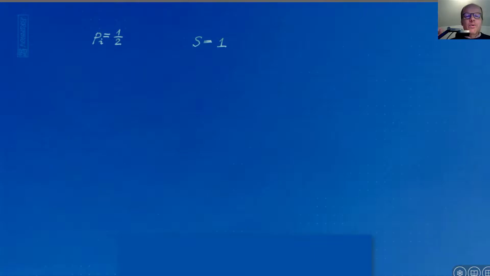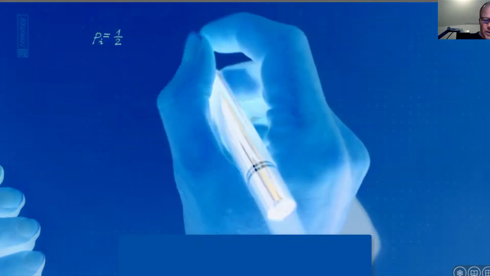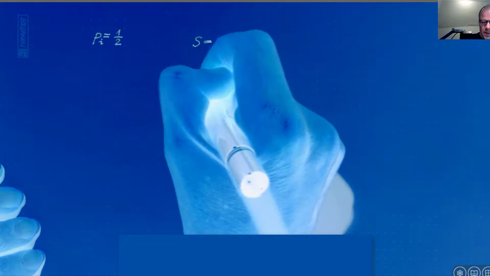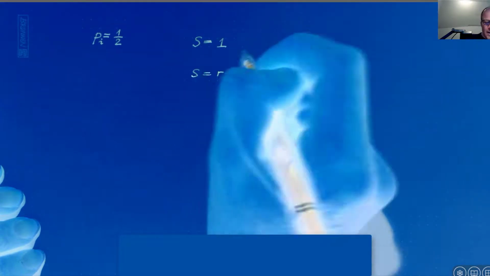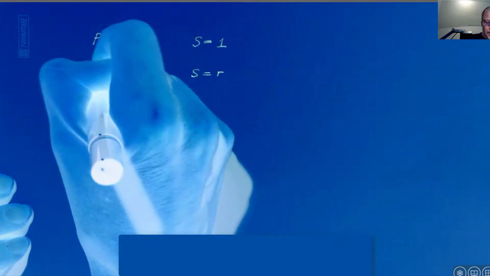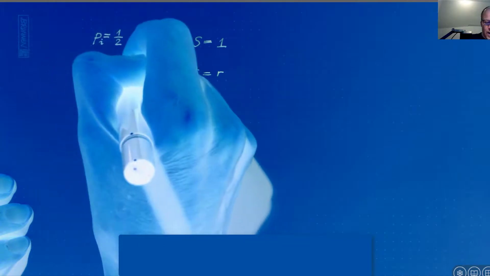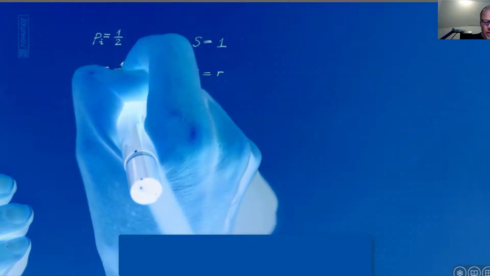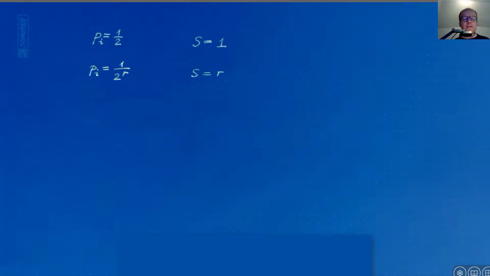And then there are 2 to the power r possible outcomes of this combined flip. And we said in order to communicate that, Alice needs r bits. So the Shannon entropy is equal to r. And the probability for each outcome was 1 over 2 to the power r. Each of these possible outcomes was equally likely.